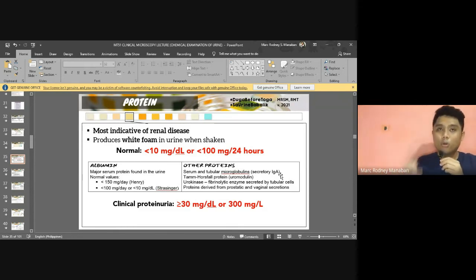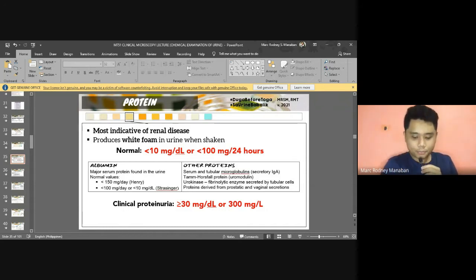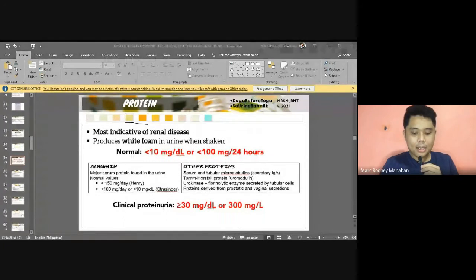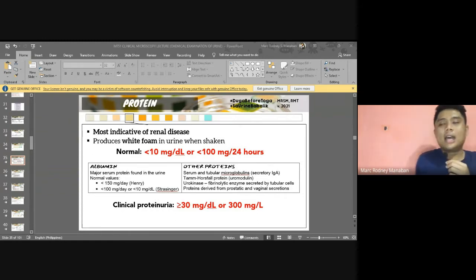And the major serum protein found in urine is your albumin. Now, you may be thinking, we have mentioned in renal function that albumin is filterable, because its molecular weight is 69,000 Daltons, well below 70,000. So it can really be filtered by the glomerulus.